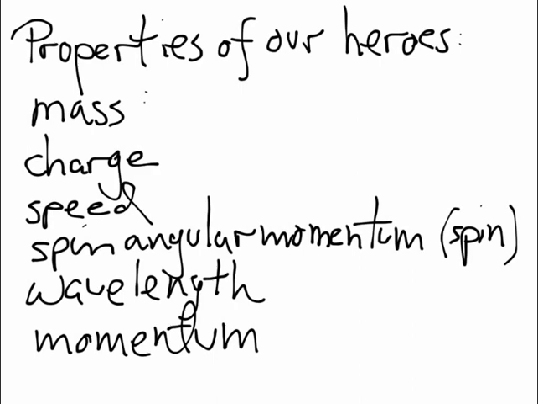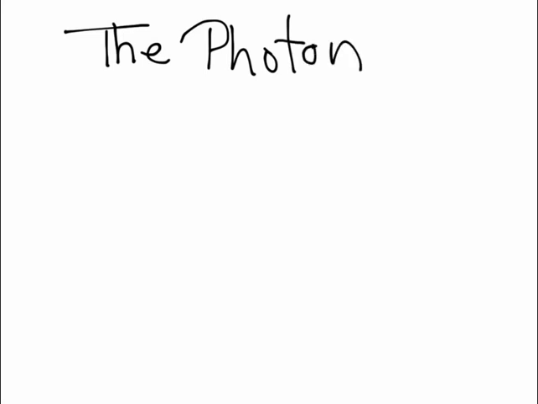And since we care about the particle behavior of things, momentum is also a critical parameter. Once again, that's basically it. So we're going to have 3 different fundamental objects in the course, and 6 properties for those are going to define basically everything we need to know about them. So our first hero is the photon, the particles of light.